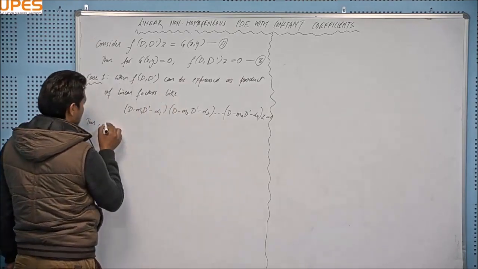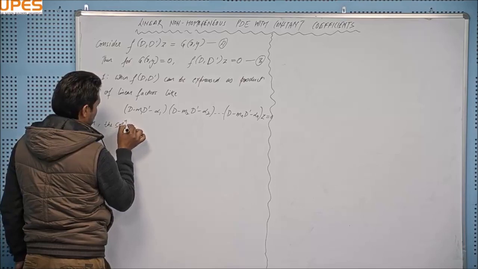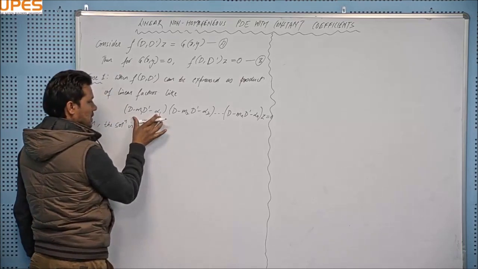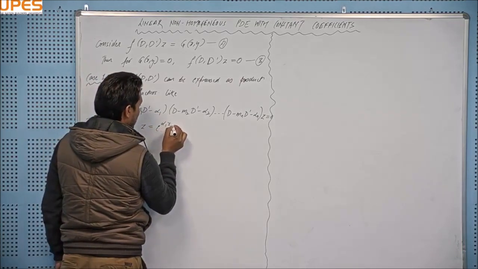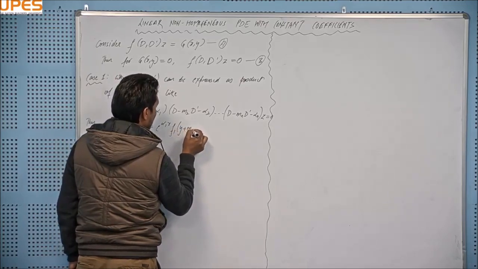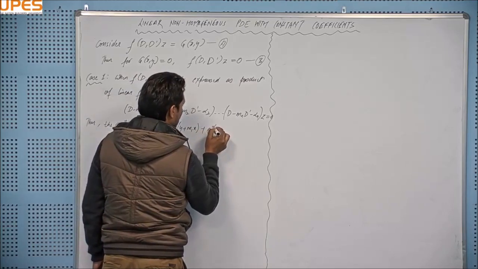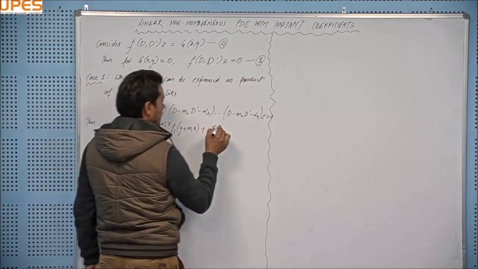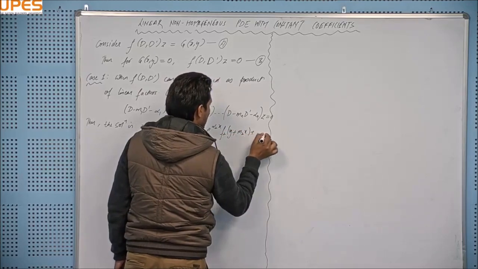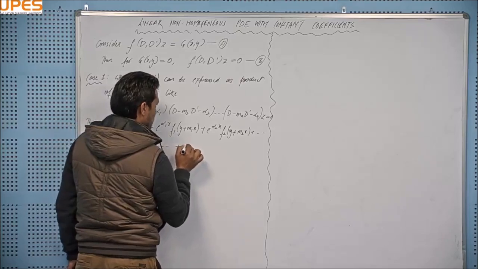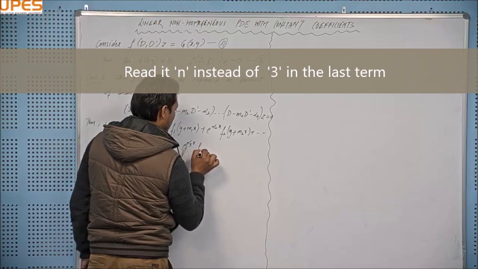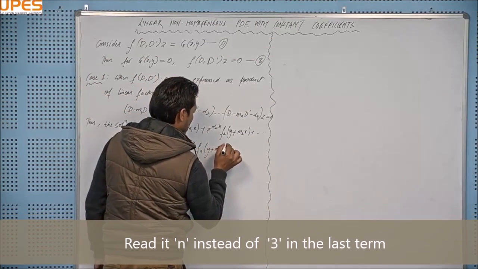Then the solution is given by z is equal to, the solution corresponding to this term comes out to be e to the power alpha 1 x, right, f1(y + m1 x), plus e to the power alpha 2 x for this term, f2(y + m2 x), and so on, plus e to the power alpha n x fn(y + mn x).